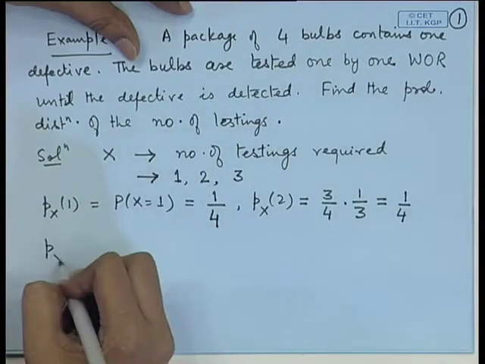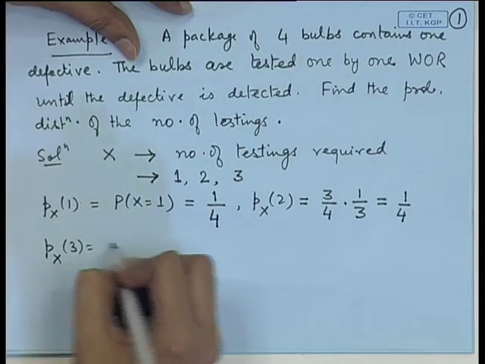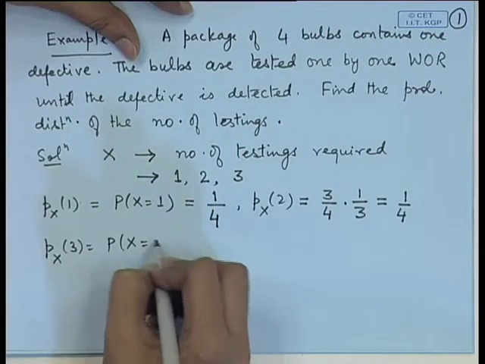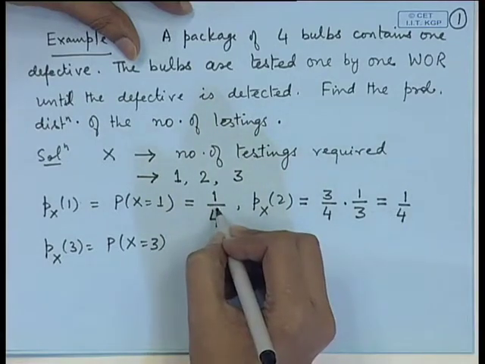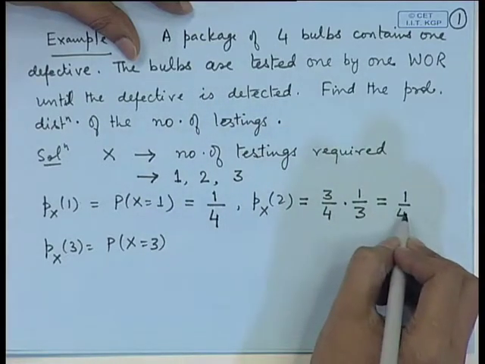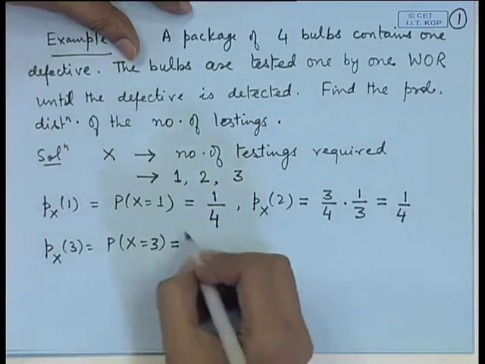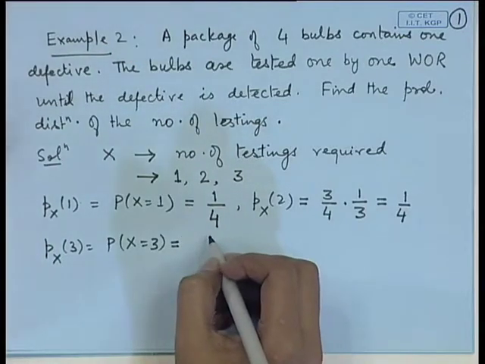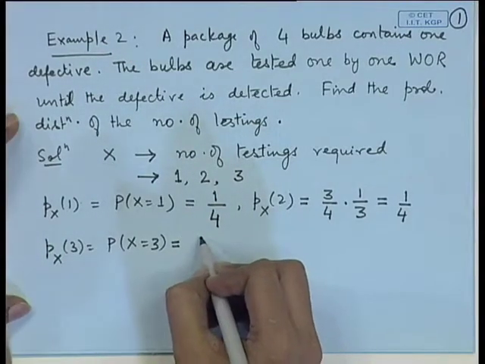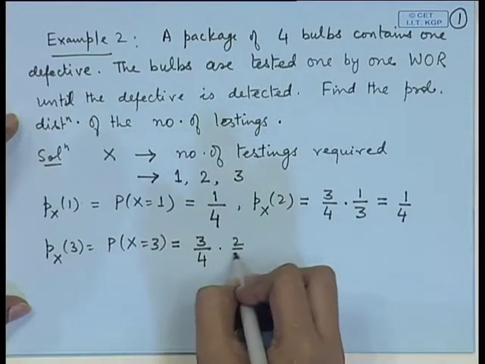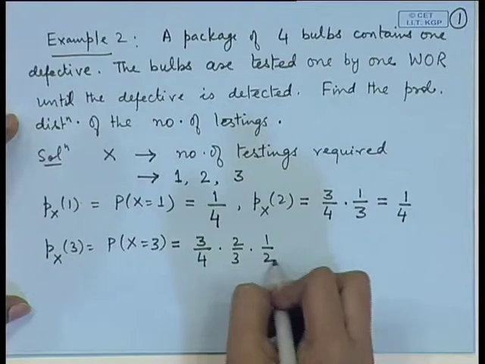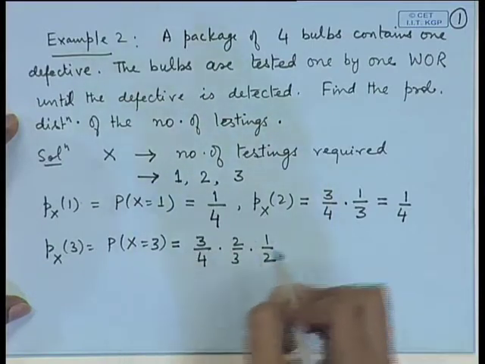If we look at P_X(3), that is the probability of X equal to 3. By direct logic it should simply be 1 minus the probability of X equal to 1 and X equal to 2. So, it should be half. Let us see how it can be evaluated directly also. The first one is not defective, the second one is not defective, and the last one is defective, but this is equal to 1 by 4.